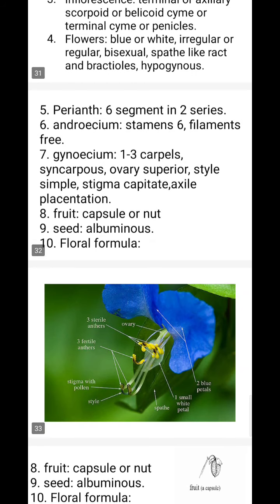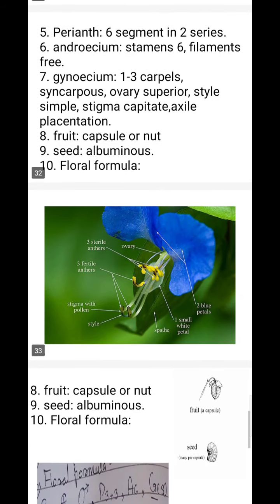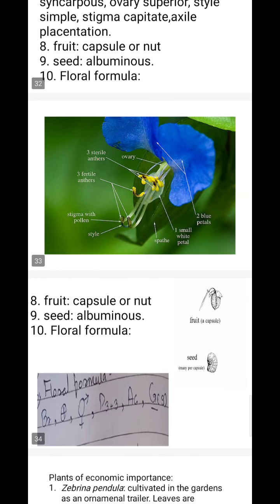Then perianth is in 6 segments, arranged in 2 series. Androecium is also 6 and filaments are free. Gynoecium is 1 to 3 carpels, and they are syncarpous, superior ovary, and stigma is capitate type. Then fruit is a capsule and seeds are albuminous.